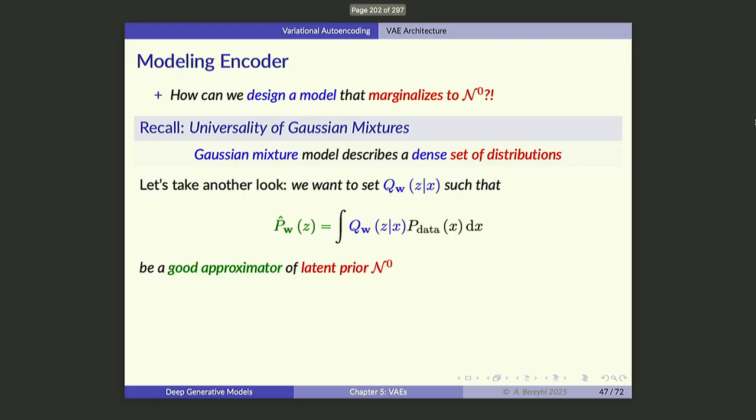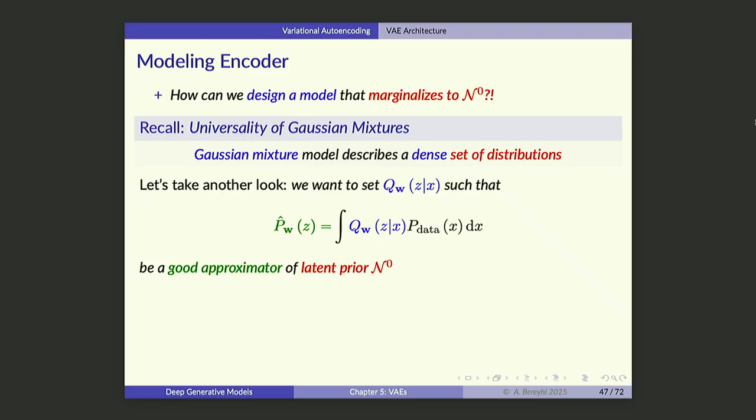Now, what do we want? We have this Q, and what we need is that when I marginalize this Q over the data distribution P_data, it gives this P hat. And this P hat should be a good approximator of the latent prior, which is Gaussian with zero mean and unit variance.